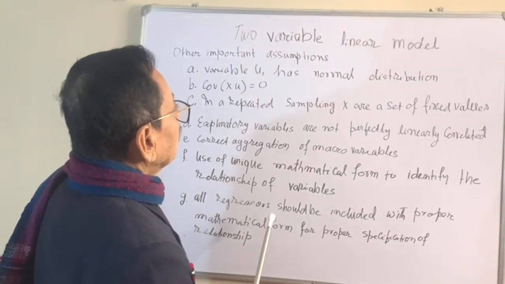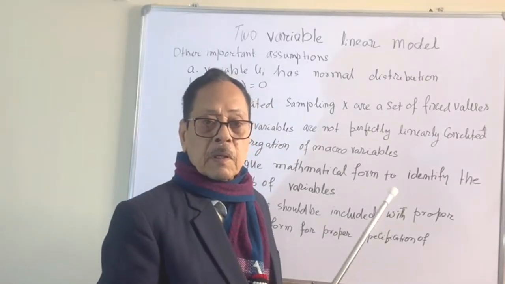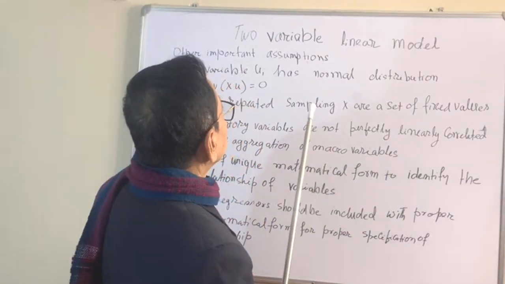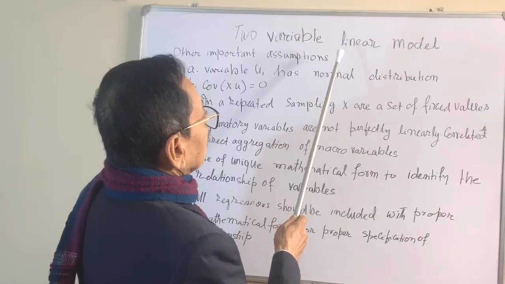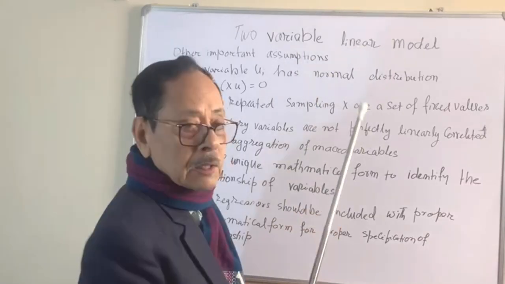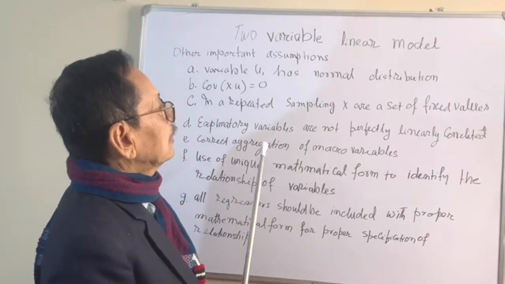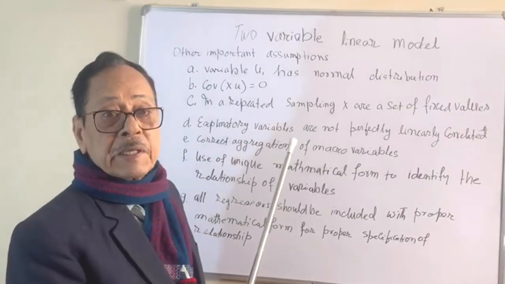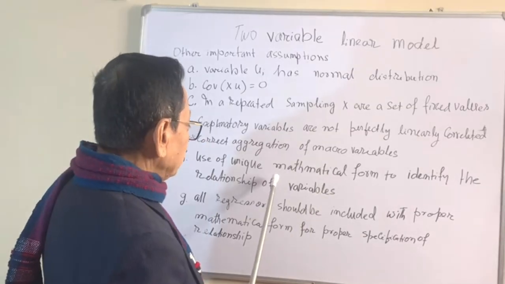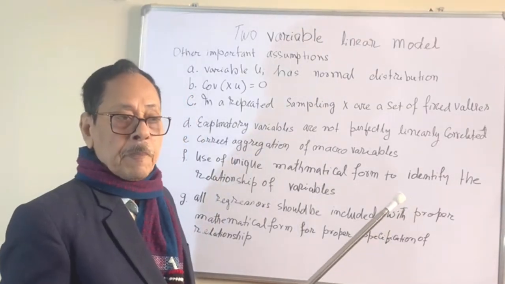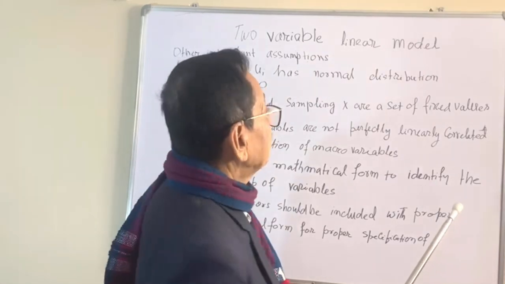So this is all about the assumptions of the linear model, whether it is a two-variable linear model or multi-variable linear model. These are the assumptions, and with these assumptions we proceed to estimate the parameters.